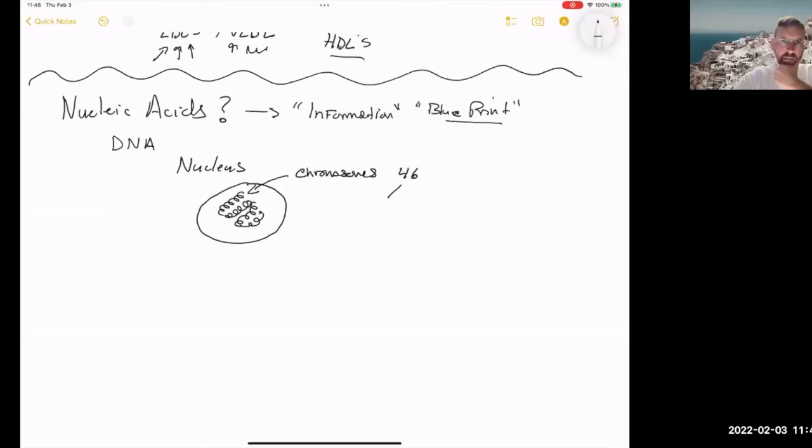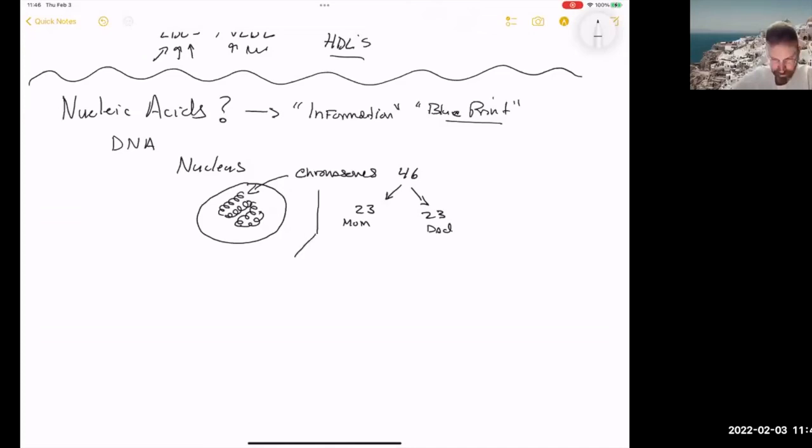And half of those chromosomes, or 23, come from your mother. And then the other 23 come from your father, right? For a complete set of 46 chromosomes. And you have two general types of chromosomes.